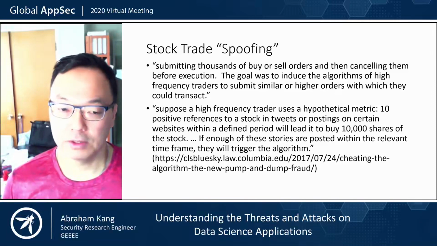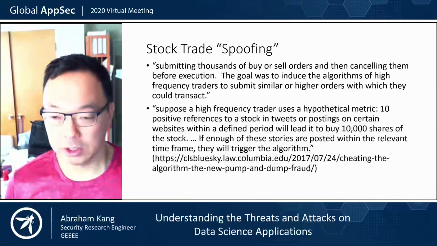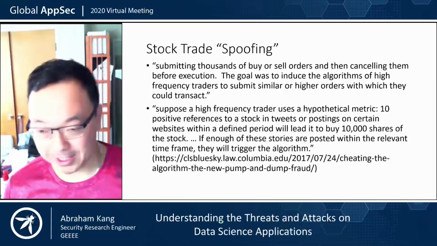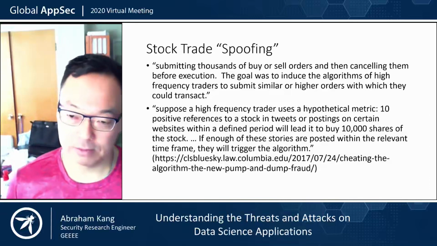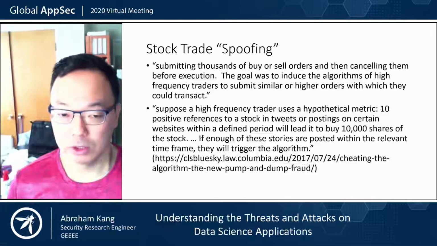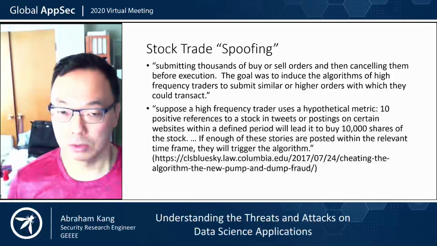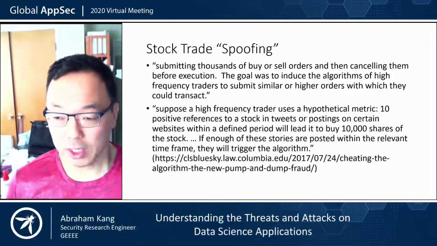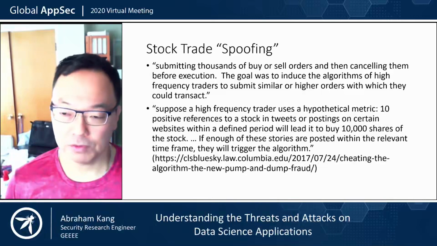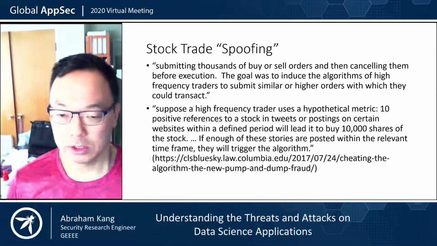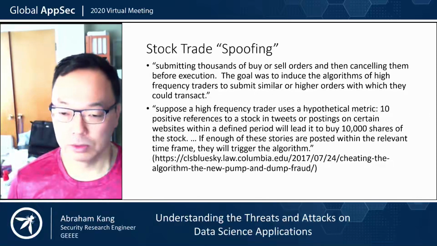And if they did sentiment analysis, where they basically identified the stock name and if the posting was positive or negative, and if there were a lot of them in a short period of time, it would trigger the buying or selling of stock by these automated algorithms. And so actually there were people manufacturing these stories and tweets with bots, and that would trigger the algorithm.